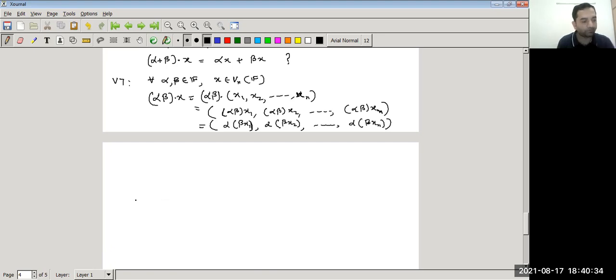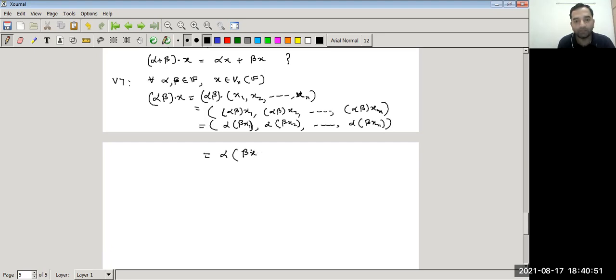Now we can take alpha common, so we can write alpha into, this is nothing but beta x.